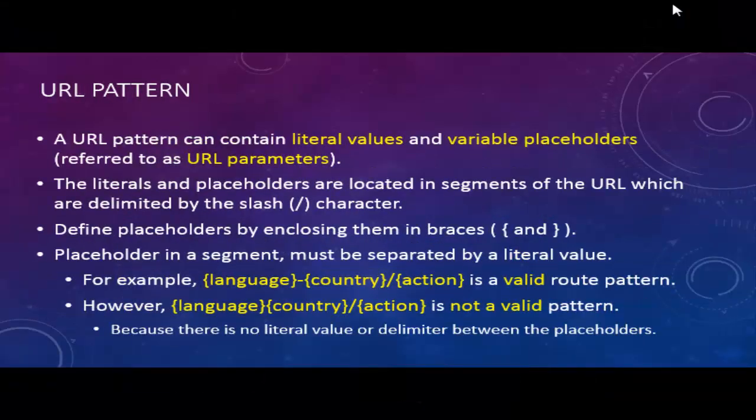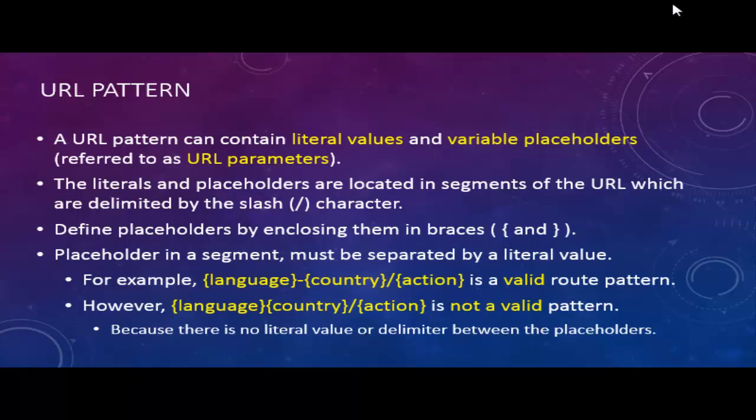Now, how do we specify the mapping? The mapping, also called the URL pattern, is specified by putting in literal values, that is the literal characters, as well as by supplying variable parameters, usually called URL parameters.